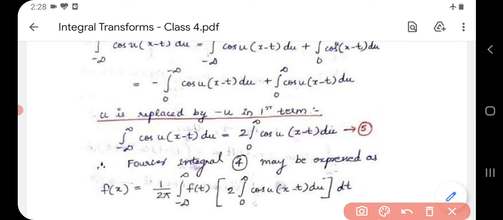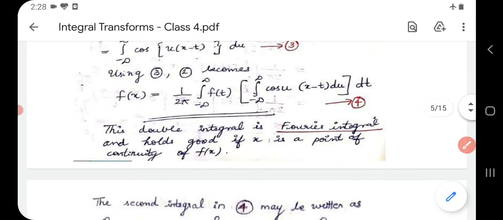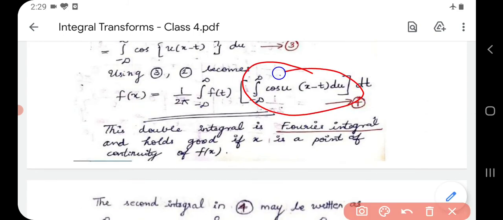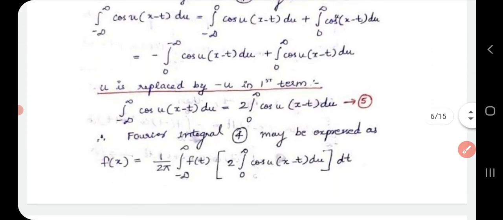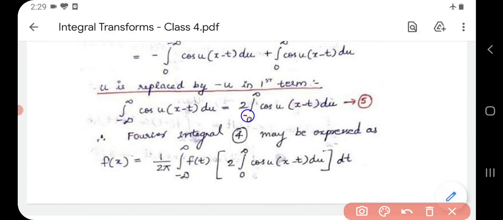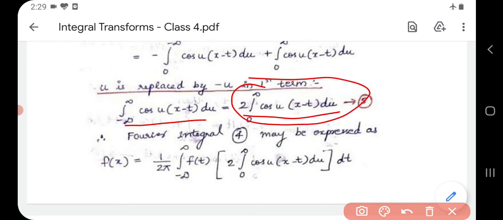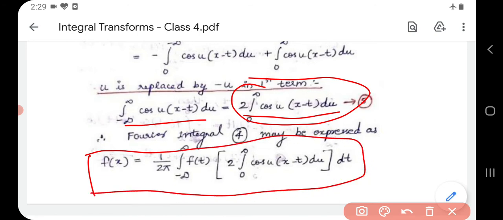See this term in equation 4. This term is equivalent to this one, 2 times the integral from 0 to infinity of cos u(x minus t) du. So in place of this term in equation 4, just use this term, and you will get equation 4 as this one.